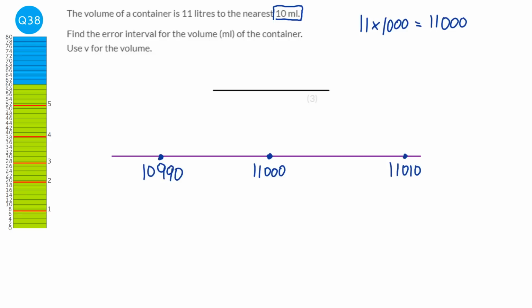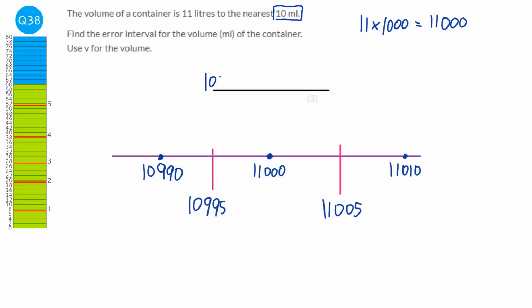Now when we're looking at limits, with the upper and lower part of it, we are looking at halfway points. So halfway here and halfway here. So this halfway point will be 10,995, and the next one will be 11,005, and those are the halfway points.